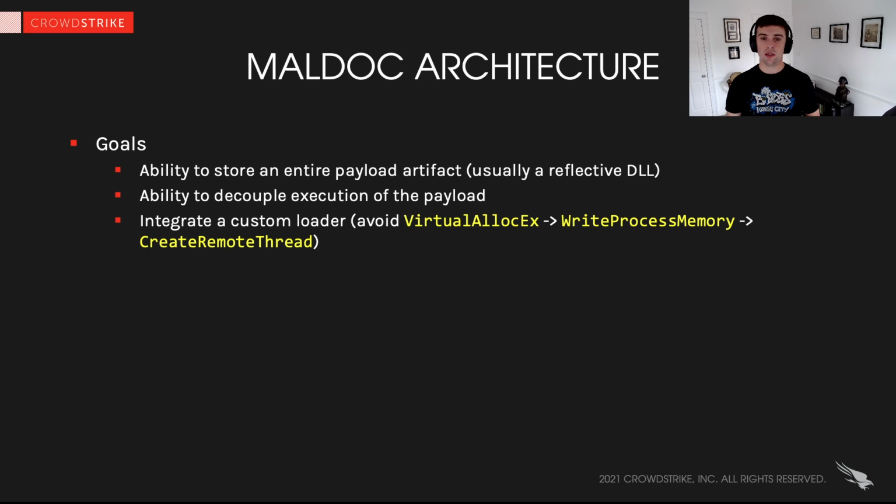Additionally, we want the ability to integrate a custom loader and avoid the common chain of Windows API calls: allocating memory with VirtualAllocEx, WriteProcessMemory, and then creating a remote thread. We want to try to avoid these more popular injection techniques.